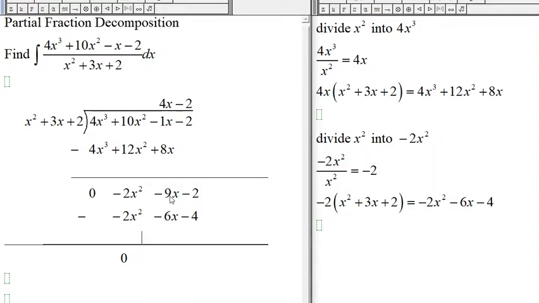And then here we have negative 9 minus negative 6, which is the same as negative 9 plus 6, and that will be negative 3. And then this is negative 2 minus negative 4, which is the same as negative 2 plus 4. And so that would be plus 2.